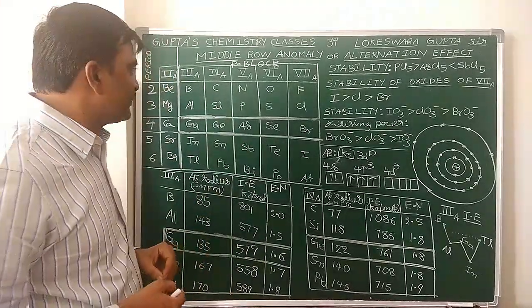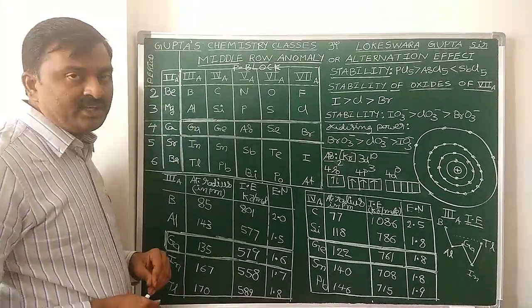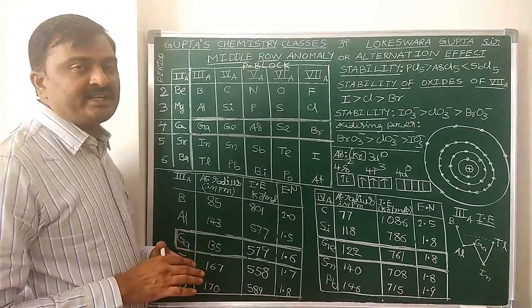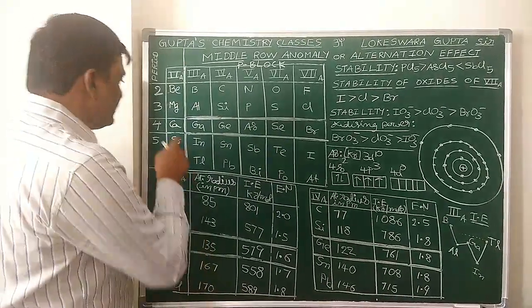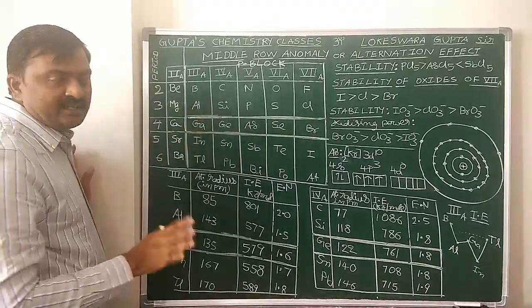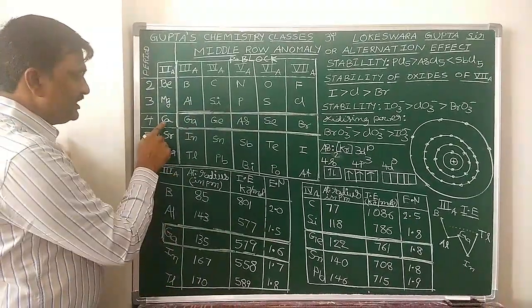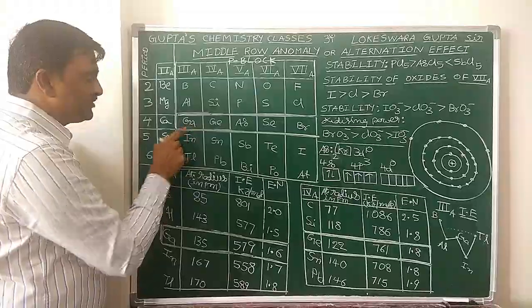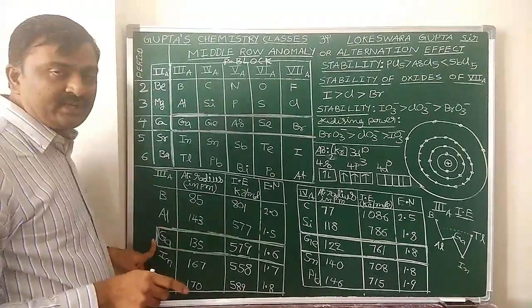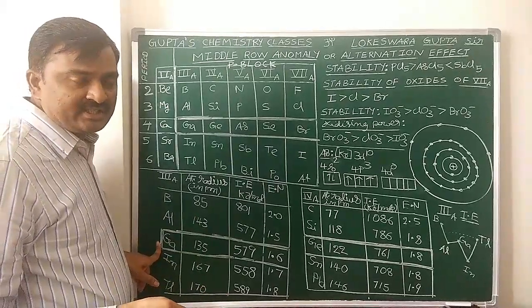So what is the reason for middle row anomaly? Poor shielding effect of 3d10 electrons. See, in between magnesium and aluminum, no other elements are present. In between calcium and gallium, 3d10 electrons are there. Now in the inner shell of gallium, 3d10 electrons are there.